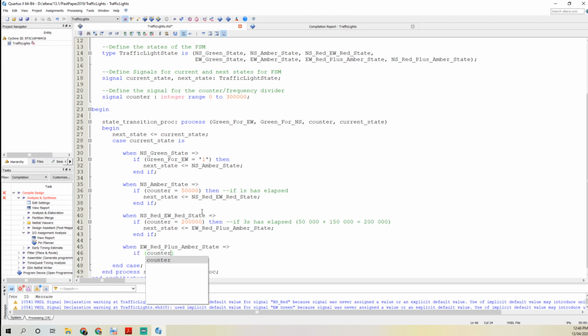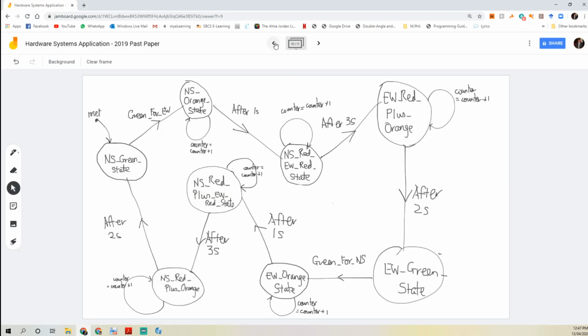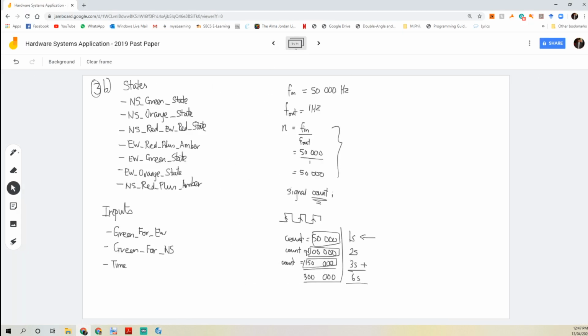if my counter is equal to some value, then, and now we want to look to see if 2 seconds has elapsed. And this is, of course, in addition to the previous 4 seconds. So for me to get to this state now, my counter would have had to be at a value of 200,000. What is the individual count value that corresponds to 2 seconds? Well, it's count equal to 100,000.